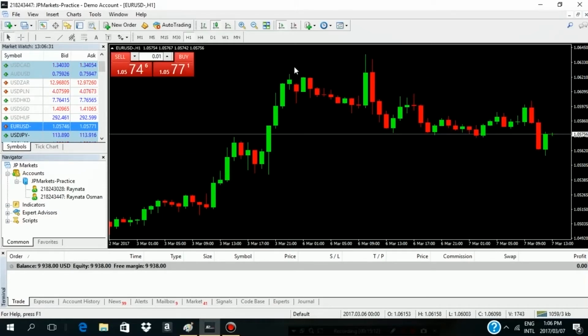But for now, play around with your lot sizes so that you can see how you make and lose money using these lot sizes. Don't focus on making or losing money right now or just yet. Rather, focus your time and your energy into making sure you know how all these functions work.